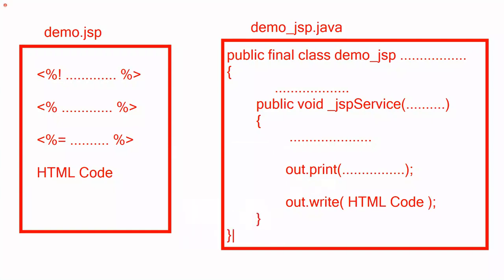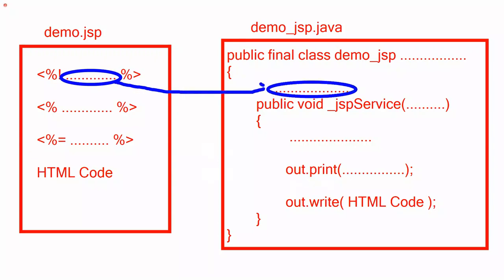Service close, class close. Now, whatever you write in the declaration comes outside the service method. Whatever you write in the scriptlet is inside the service method.